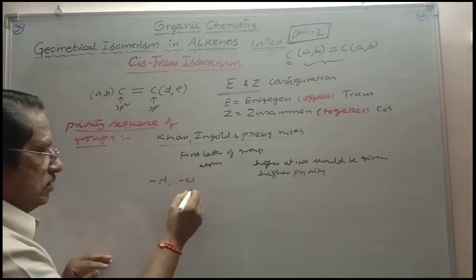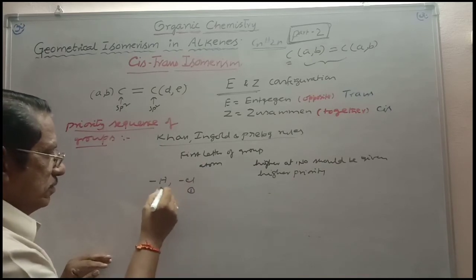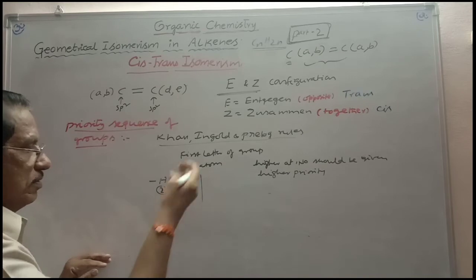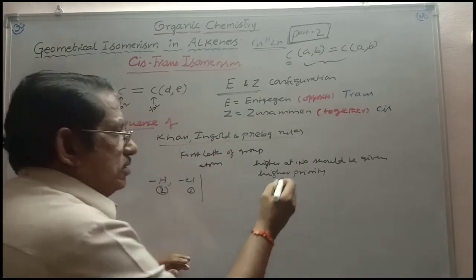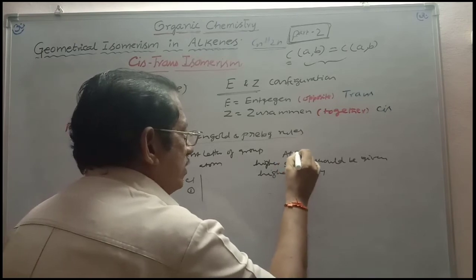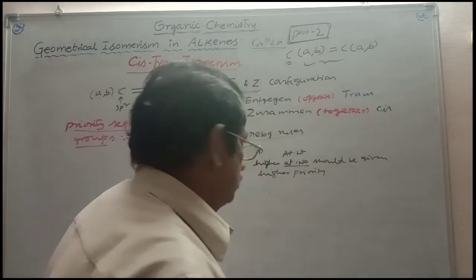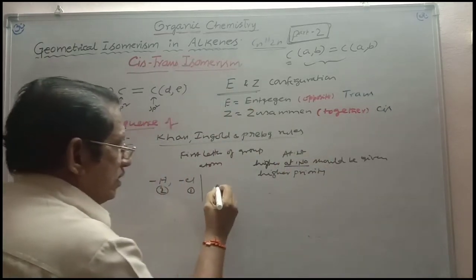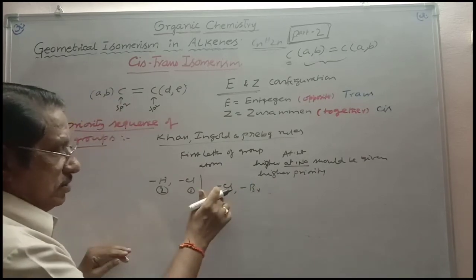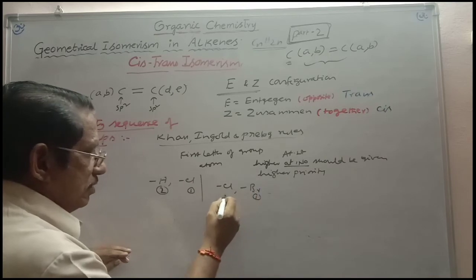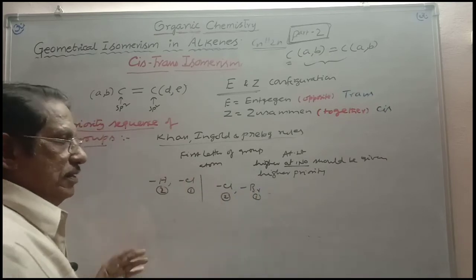First priority is Cl, second priority is H, because Cl has a greater atomic number than H. Or you can take atomic weight in place of atomic number; the same result is obtained. If there are Cl and Br, then Br has a greater atomic number than Cl, so first priority is Br, second priority is Cl.